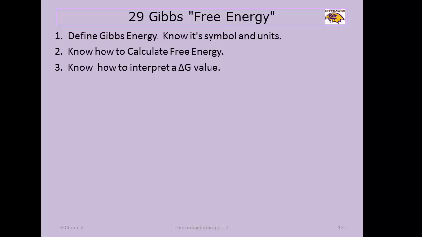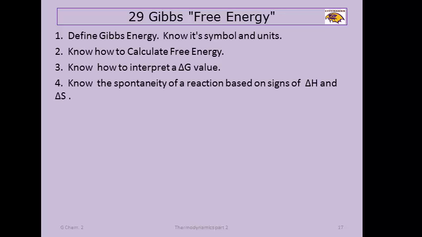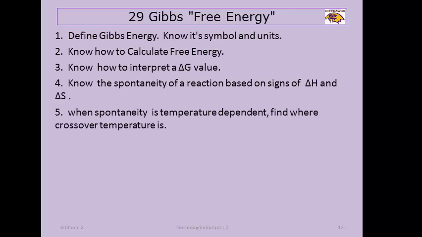If it's positive, it's non-spontaneous. If it's zero, it's at equilibrium. Then know how to interpret the spontaneity based on the signs of H and S. In other words, know when there's crossover. And when it is temperature dependent, can you find where the crossover temperature is? Enthalpy divided by entropy. So I hope this has helped you understand Gibbs free energy and to understand thermodynamics better.